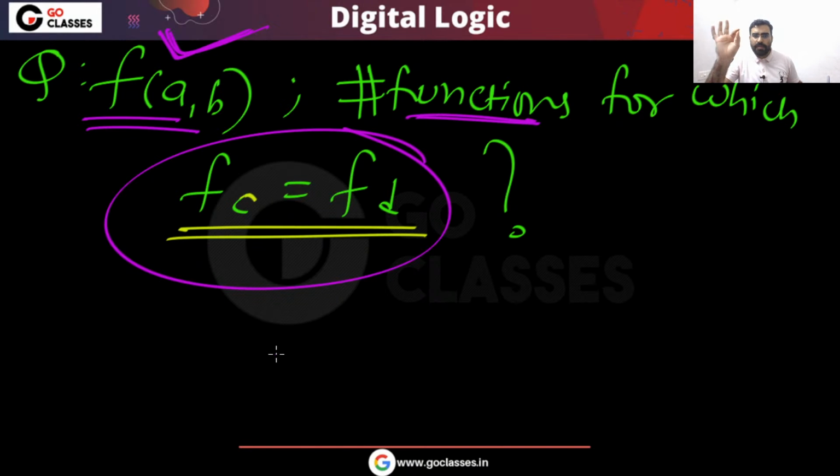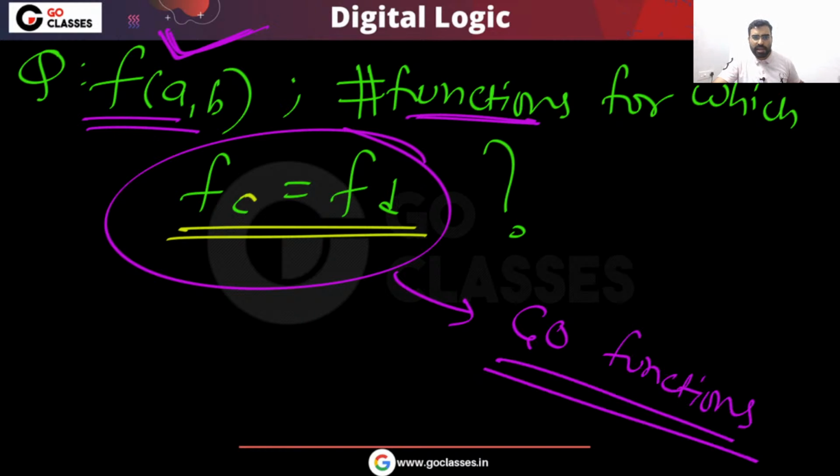But remember, let's give them our own name. So what name should we give? There is no standard name for this function. Okay, so let's give some name. Those functions for which f complement is the same as f dual, let's call them Go functions.